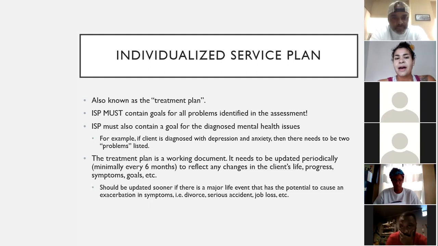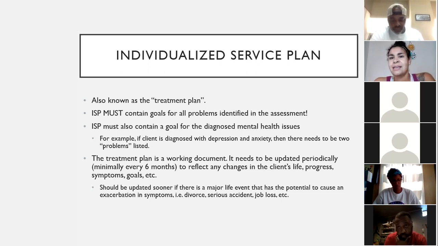But like I said, it should absolutely be updated sooner if there is a major life event that can cause the client's symptoms to increase, like a divorce, job loss, a serious accident, new baby, things like that. Always a good time to sit down and review a client's treatment plan with them to make sure that you're hitting all of the symptoms that they're experiencing at that time.